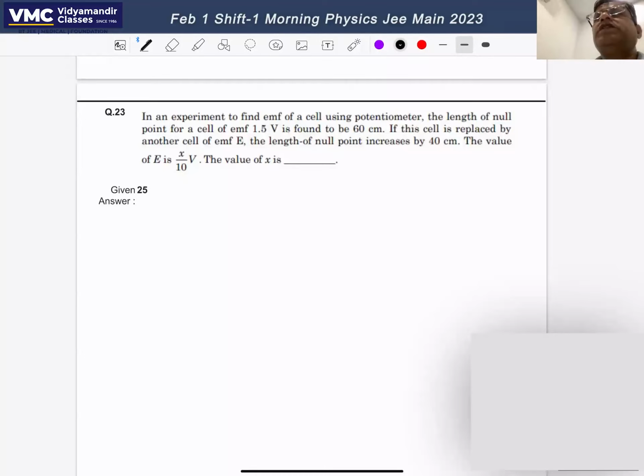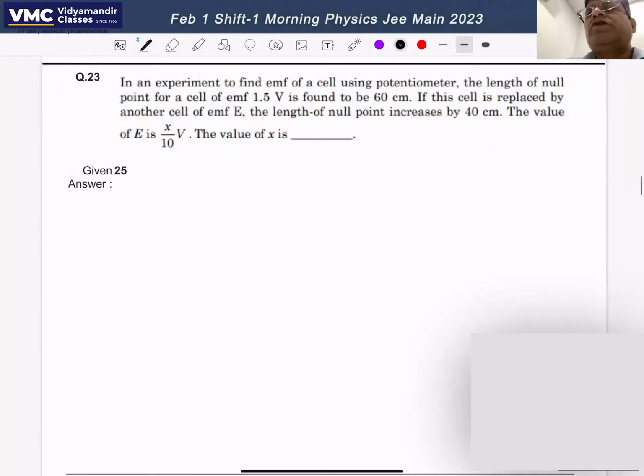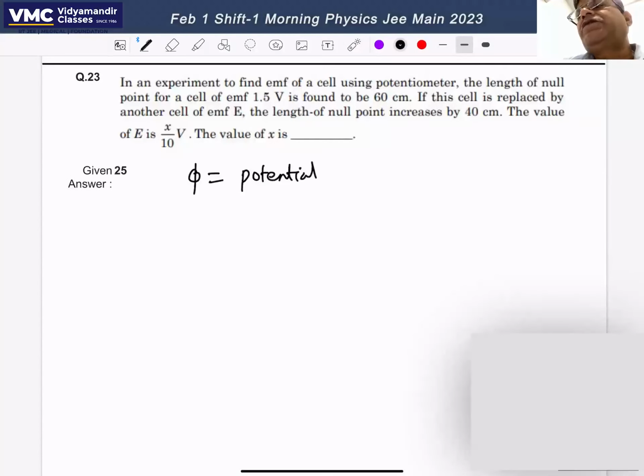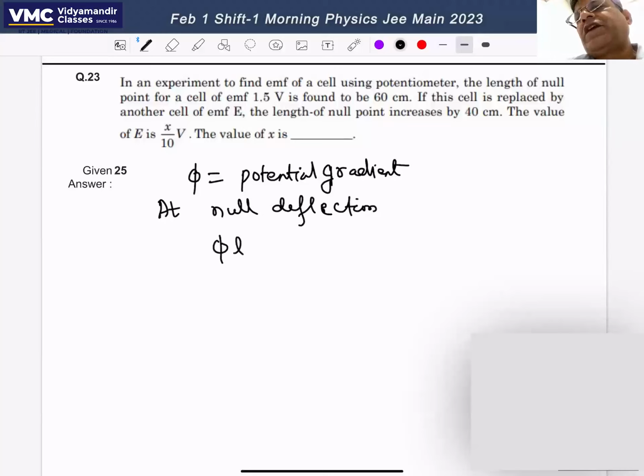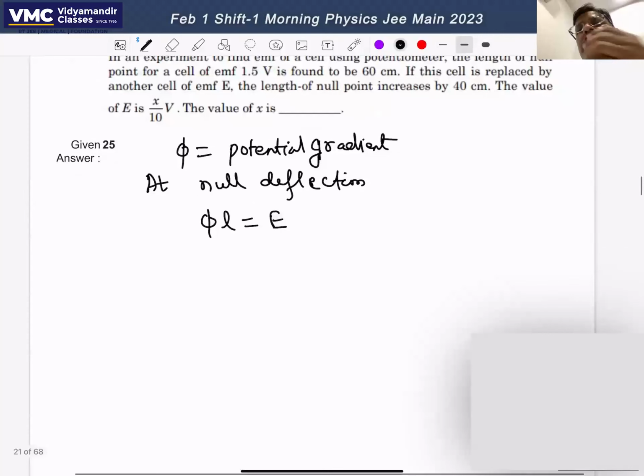So we have to find the unknown cell EMF E. For this, if phi is the potential gradient, then we know that at null deflection, phi L will be the EMF of the cell used. So L is called the balancing length.